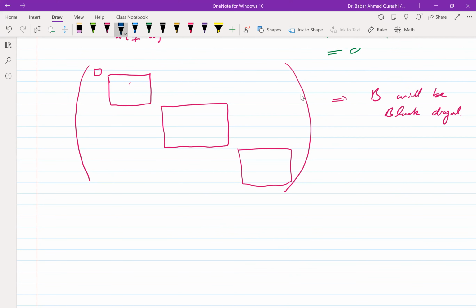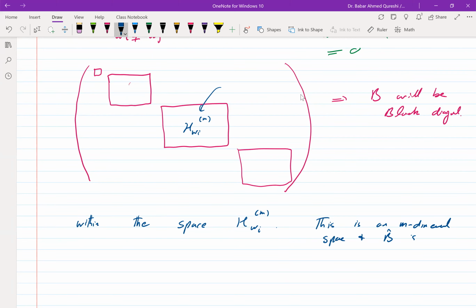Now what you do next is, within the space, whatever eigenspace you are considering here, let's say this block. What is this block? In its own right, this is an m-dimensional space, and B is a Hermitian operator in this space.